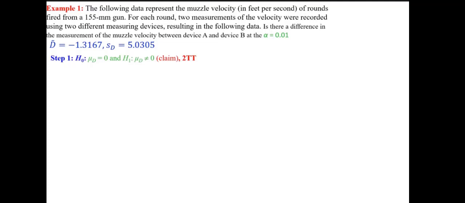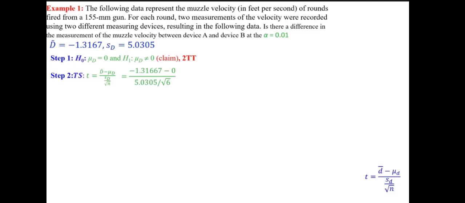T equals D bar minus mu sub D over S sub D over square root of n. Mu sub D comes from H0 always, and therefore it's 0 for us, or at least in this course. The calculation will result in negative 0.6411 for the test statistic.